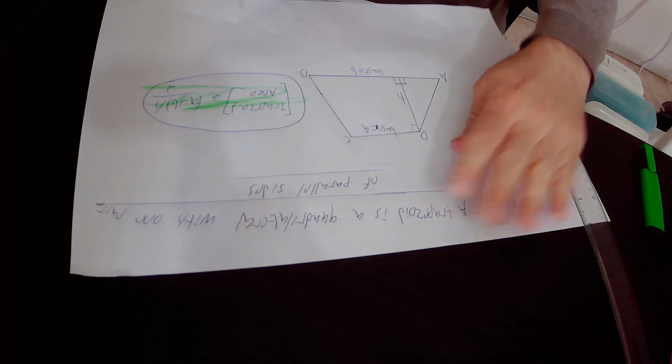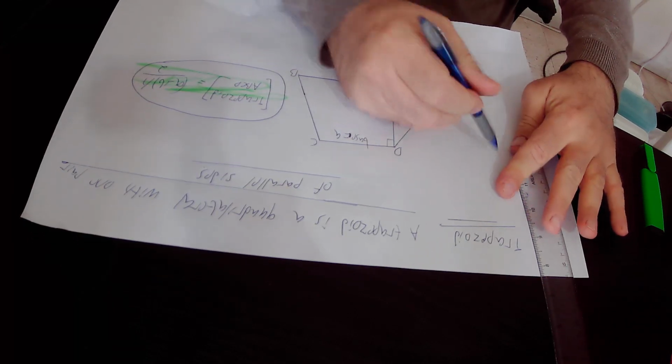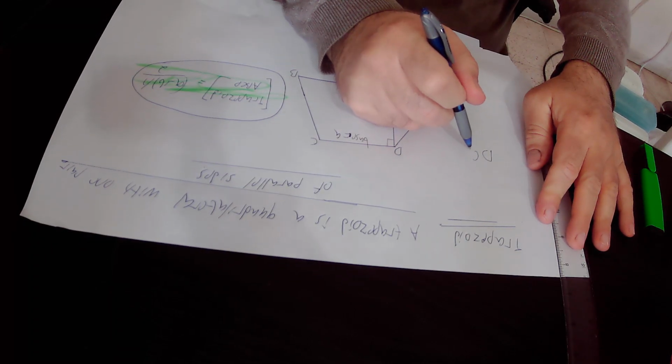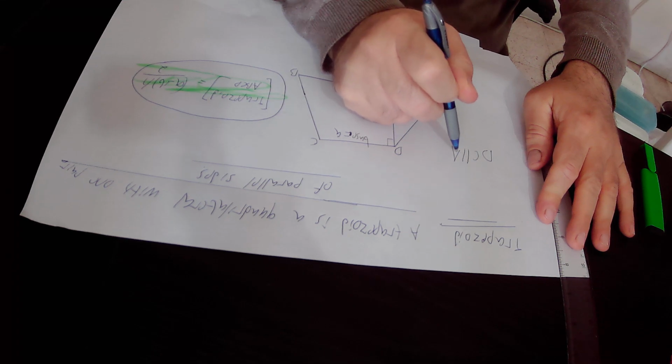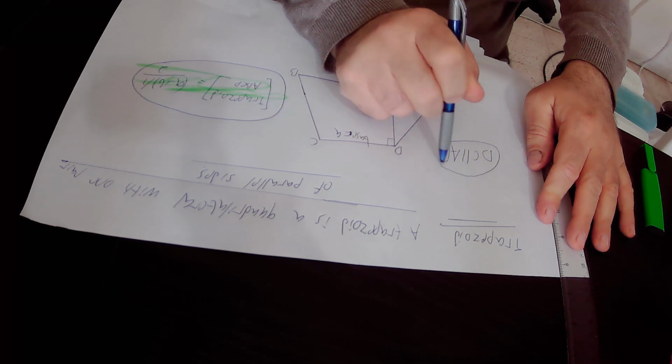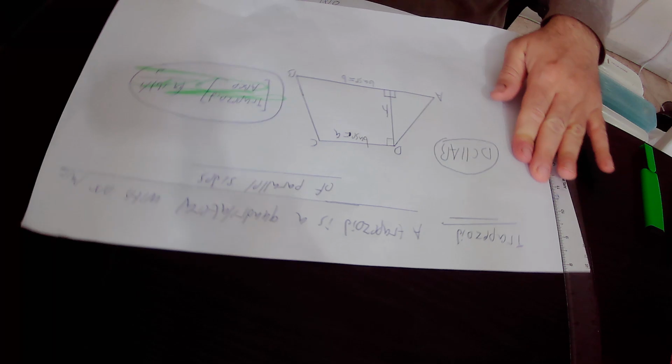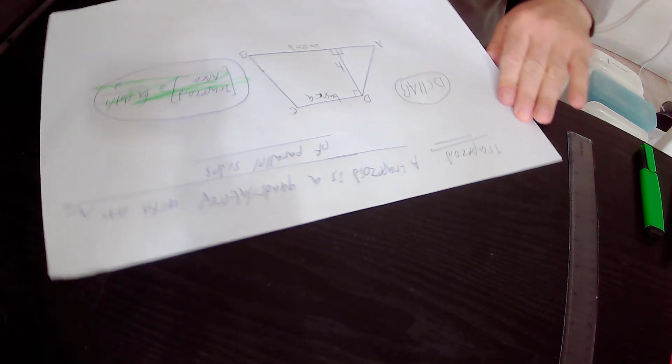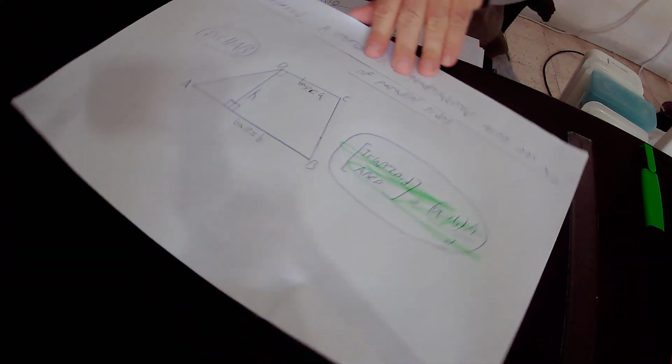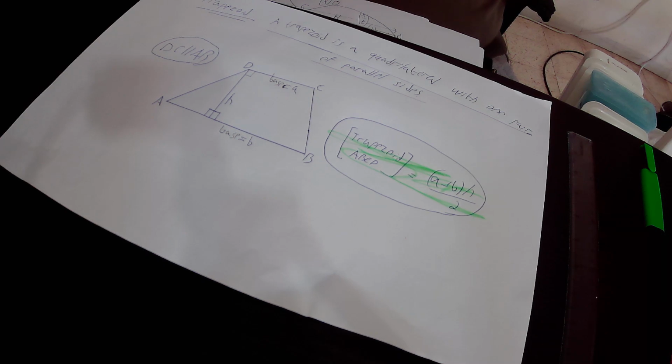Side DC is parallel to the opposite side AB. For that reason, quadrilateral ABCD is defined as a trapezoid because it has one pair of parallel sides.